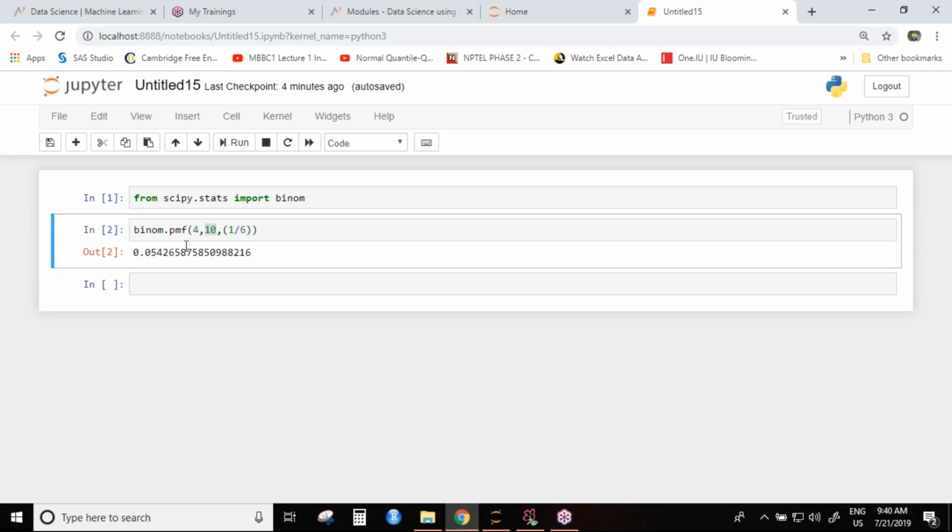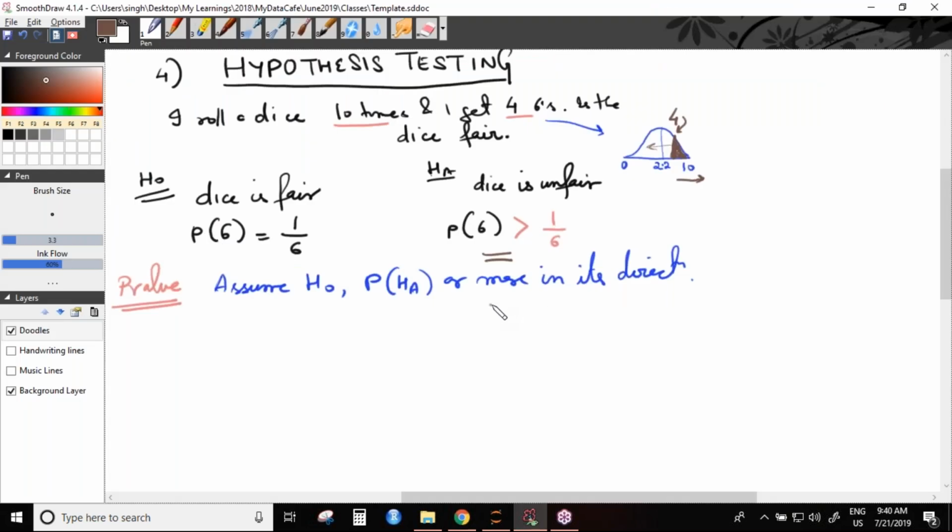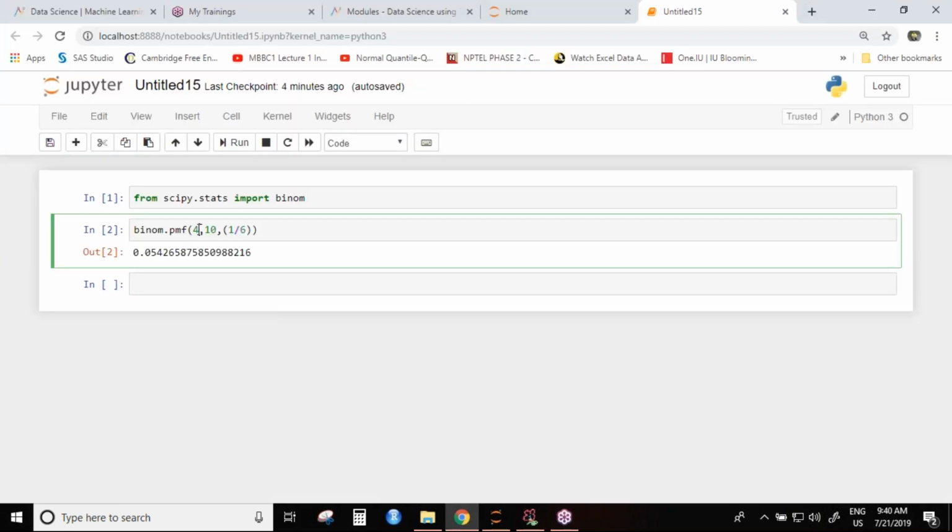You can see it is 5%, but I need it not just for 4, I need it in its direction also, so for 5 until 10 I'll have to calculate. How do I do that? I can write a loop, or I can use Python comprehension, which tells me that instead of 4 just write i, and then write for i in a list which is 4, 5, 6, 7, 8, 9, 10.